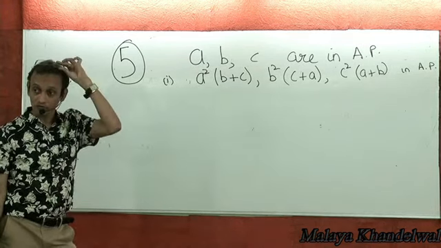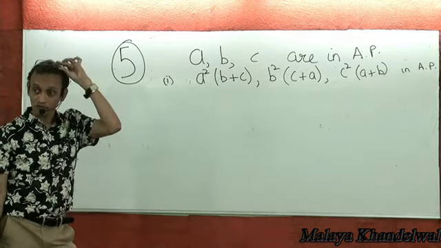Now, these would be in AP if and only if. IFF means if and only if. A squared (B plus C) plus ABC, adding ABC to all terms, right? B squared (C plus A) plus ABC, C squared (A plus B) plus ABC.